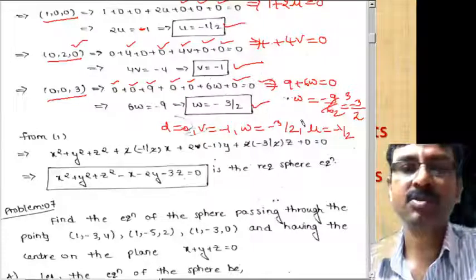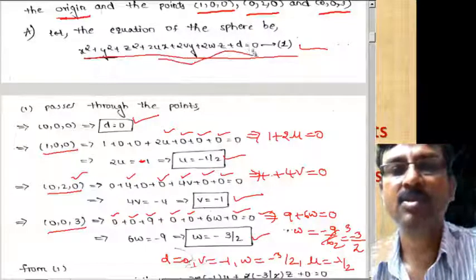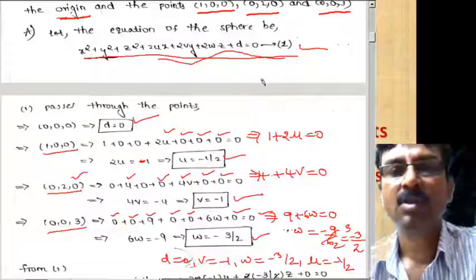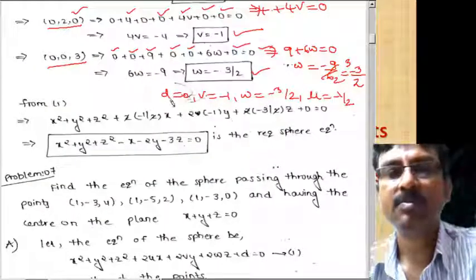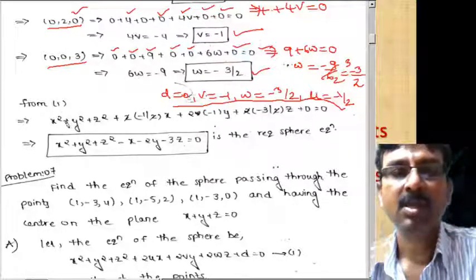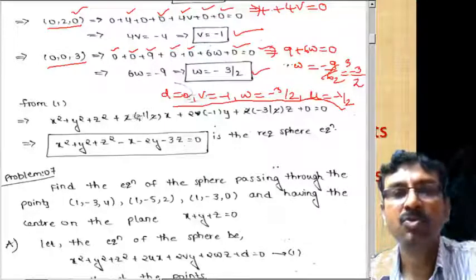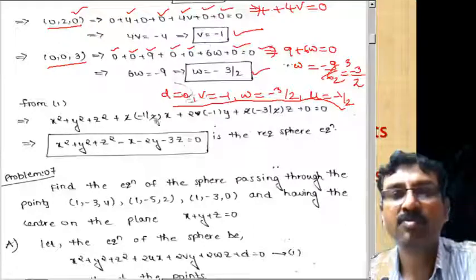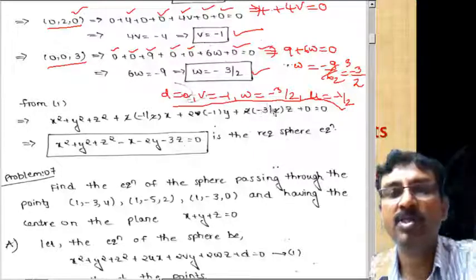Substituting these values in the given equation 1, replacing u, v, w, d by these values, we get x square plus y square plus z square plus 2 into minus 1 by 2, the 2s cancel, so minus x, 2v is minus 2y, 2w is minus 3z, d is 0, equal to 0.